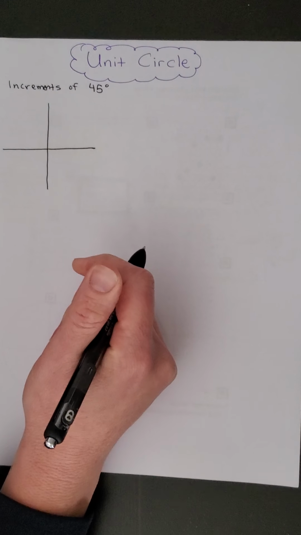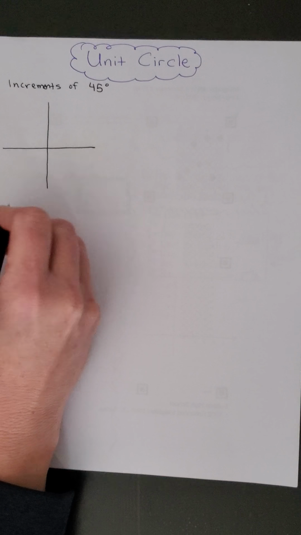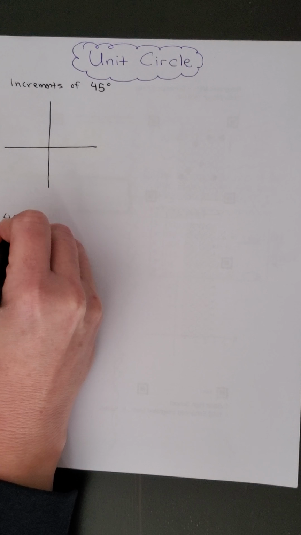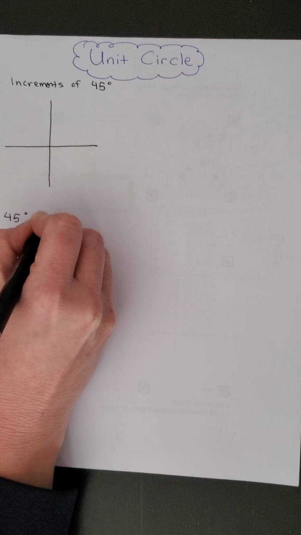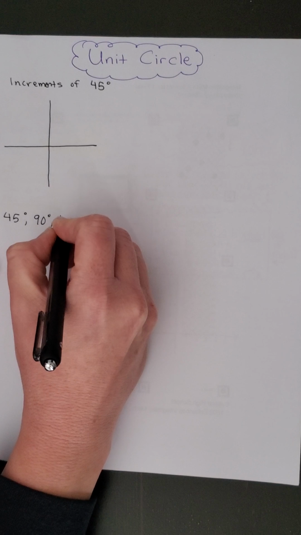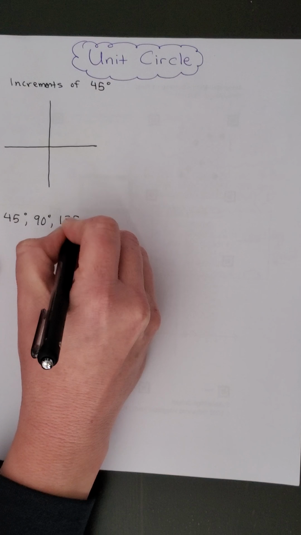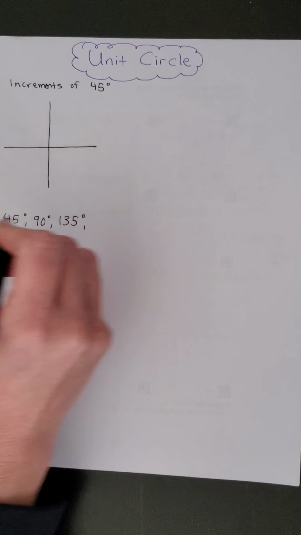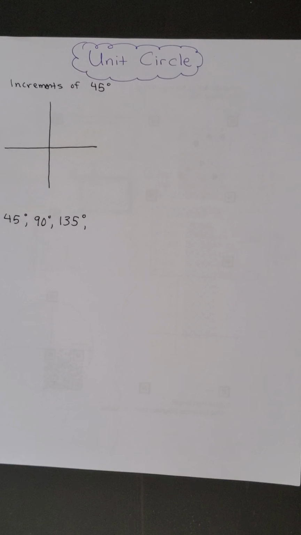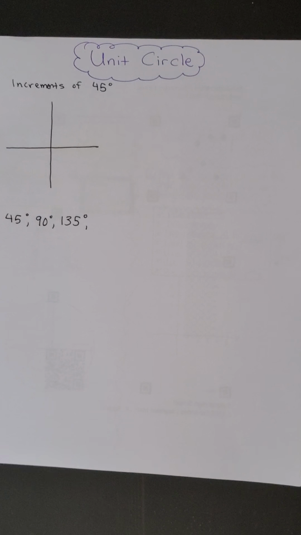So increments of 45 degrees, what I'm talking about is a 45 degree angle, a 90 degree angle, and 90 plus 45 would be 135 degrees. I'm adding 45 each time to my angle, and I'm going to grab my calculator really quickly because I might need it.